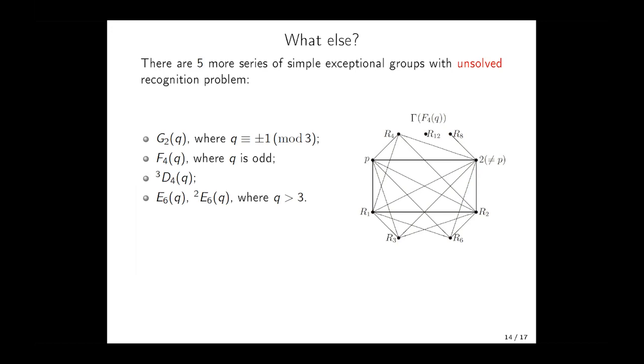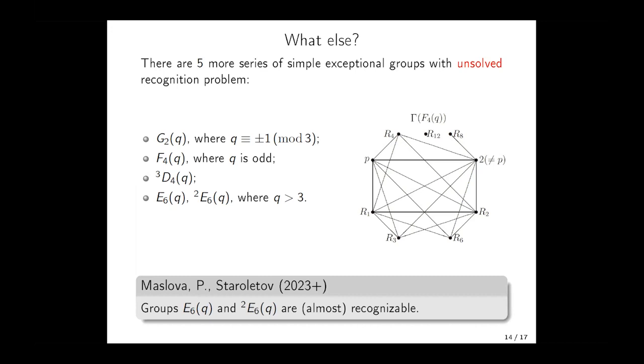And actually, I would like to present one more result. We proved that groups E6(Q) and 2E6(Q) are almost recognizable. So in fact, there are 3 more series of simple exceptional groups with unsolved recognition problem, but we didn't publish this result. We have proofs, but we are not quite ready to get our text done.